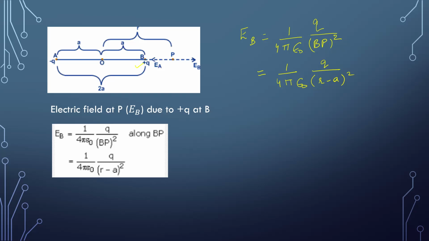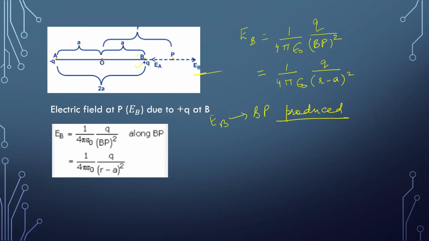What will be the direction of EB? The direction of EB will be along BP produced. As you can see over here, this is EB.